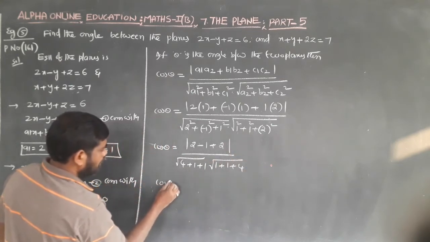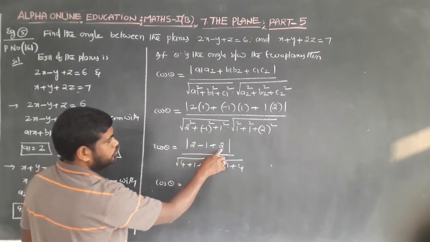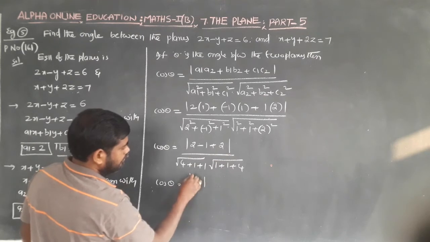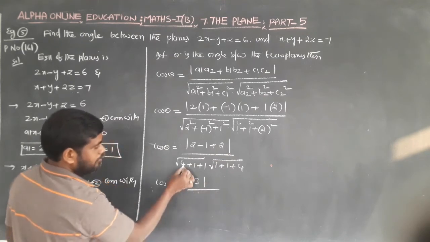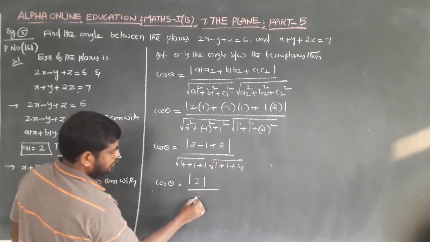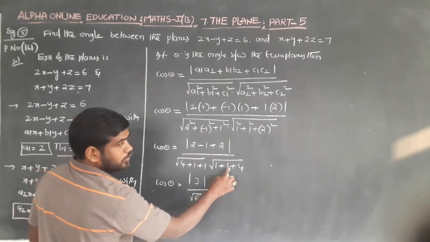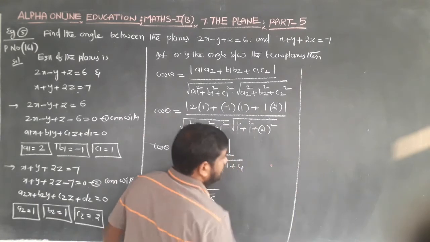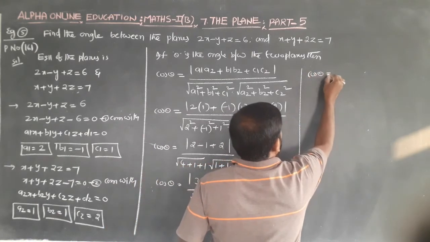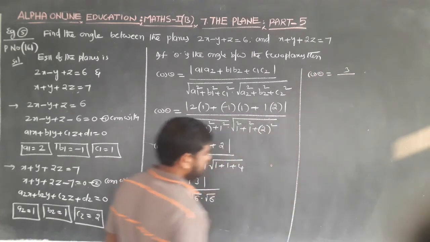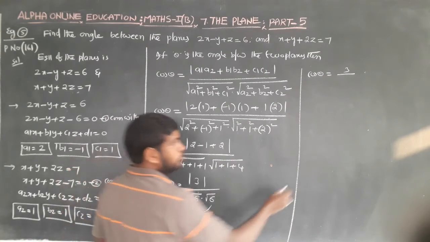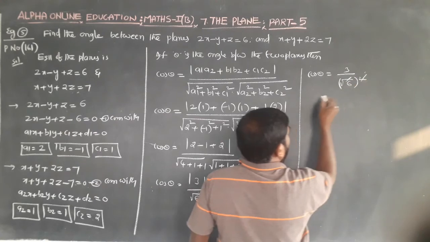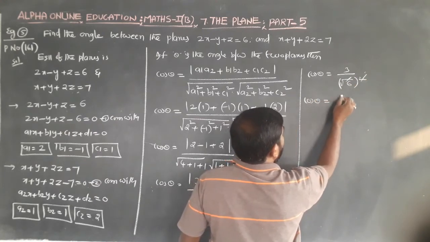Cos theta is equal to 2 plus 2 4, 4 minus 1 3, whole divided by 4 plus 1 plus 1 6, 1 plus 1 plus 4 6. Cos theta is equal to 3 by root 6 into root 6, root 6 whole square, root cancel.